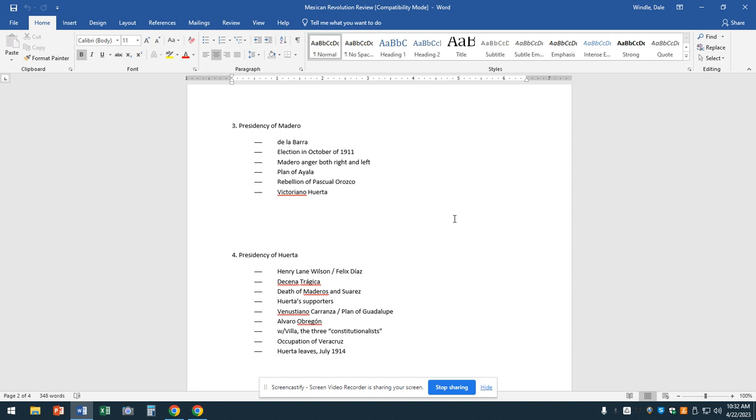A rebellion occurred in the north by Villa's old ally Pascual Orozco. It was actually financed by rich hacendados, who again thought Madero was some kind of crazy socialist. He wasn't.